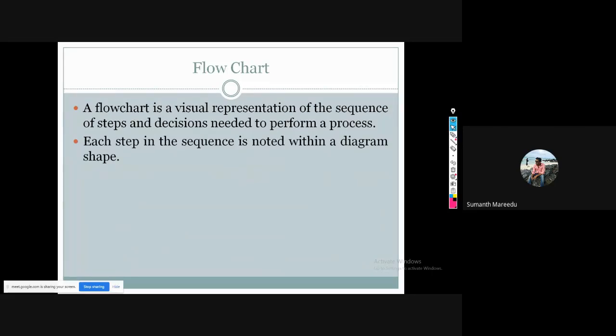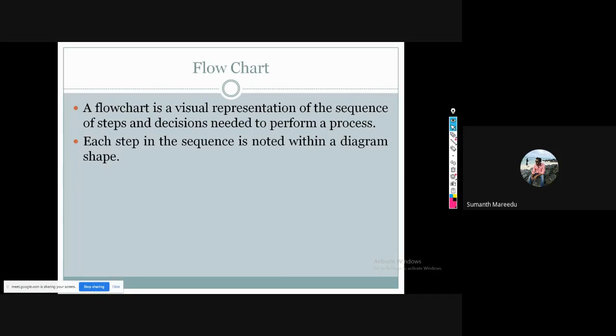So a flowchart is a visual representation of the sequence of steps. Those visual representations use some symbols, and in those symbols also we'll write a statement.